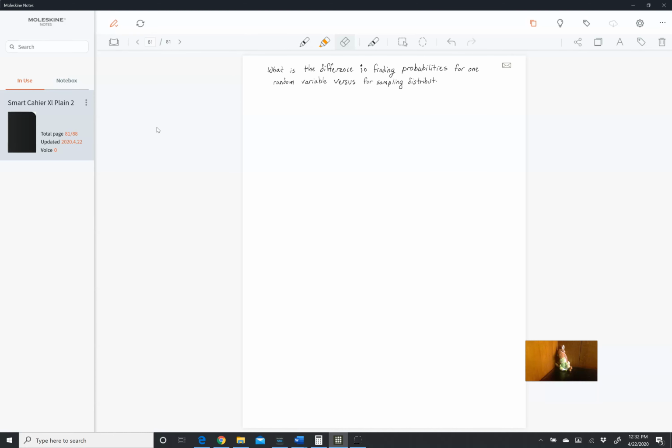Okay, sampling distributions is when you're talking about sample means, right? One random variable is just exactly what it is, a single random variable. So we're just going to do one example so that you see the difference, okay?